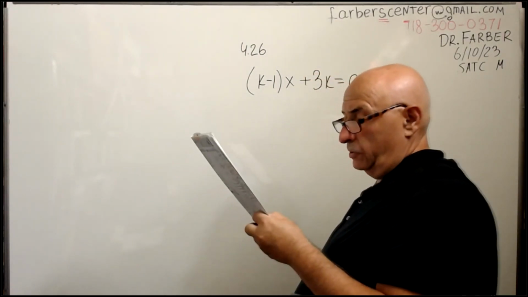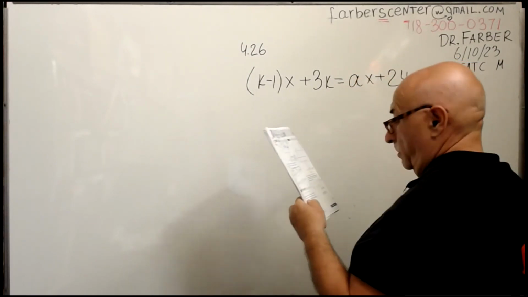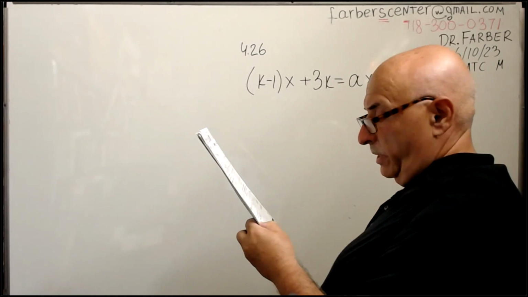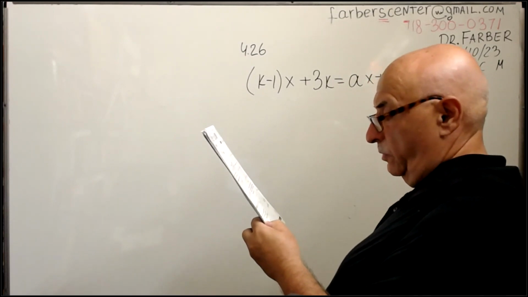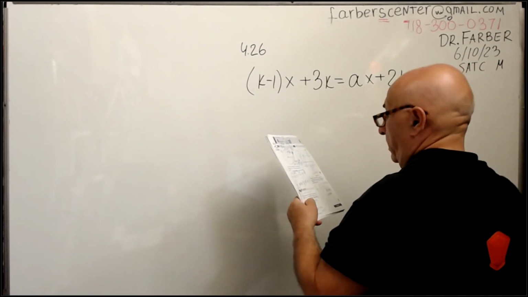If the equation is true for all real values of x, where k is a constant, what is the value of a? A is the question mark.